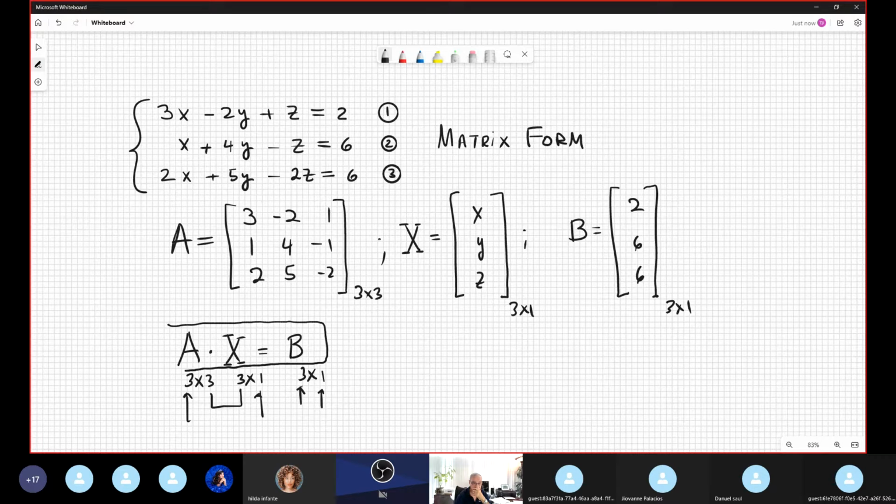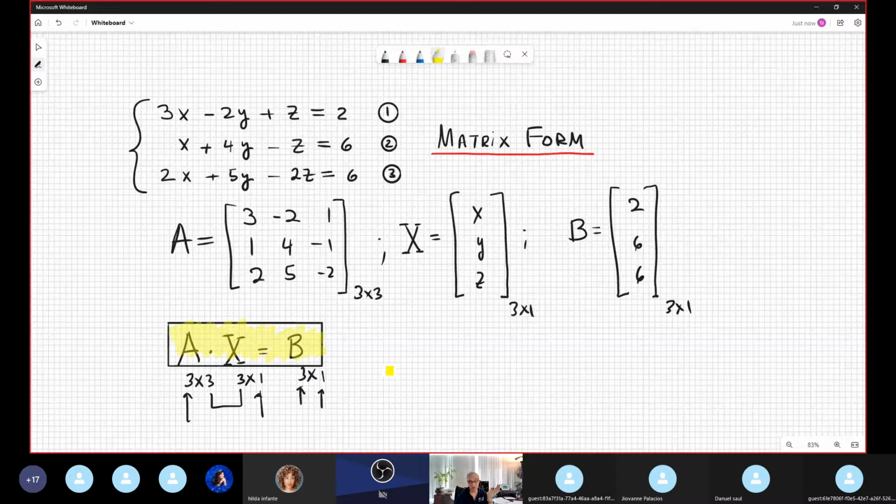Now this is the same system of equations that consists of 3 equations, but we can condense it in matrix form in one equation. Of course, this equation is multi-dimensional. But it's okay.